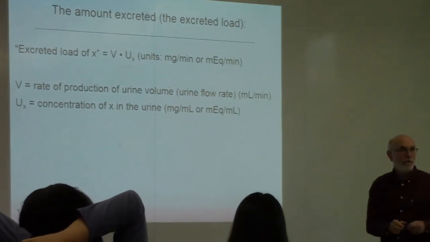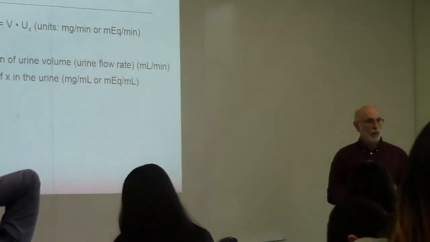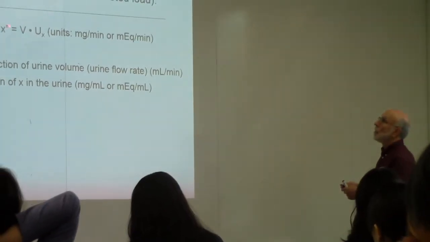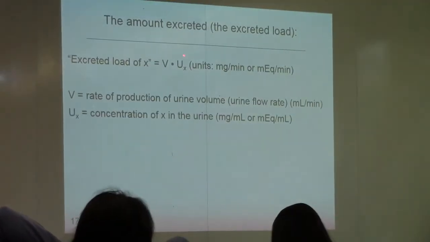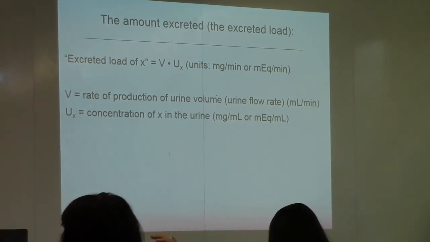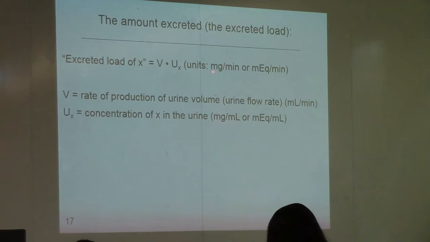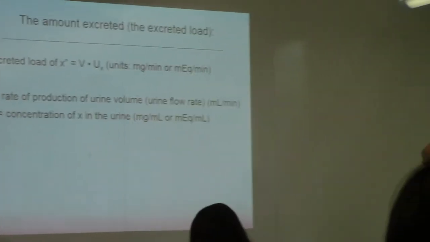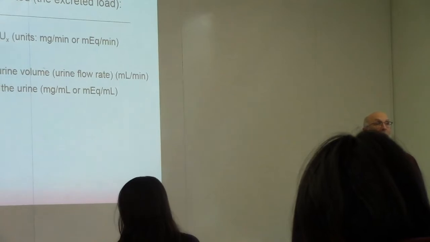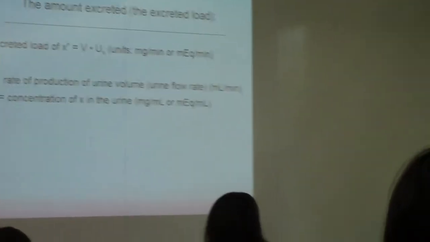If I ask you to show me an equation and you use that terminology, that's fine too. So, mils per minute times milligrams per mil, or milliequivalents per mil, gives you a final product of milligrams per minute, or milliequivalents per minute, or millimoles per minute, or whatever it is. It's a rate. It's a rate of excretion. That's the excreted load. Pretty simple.